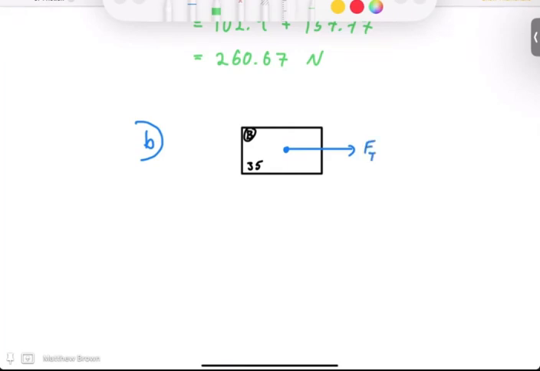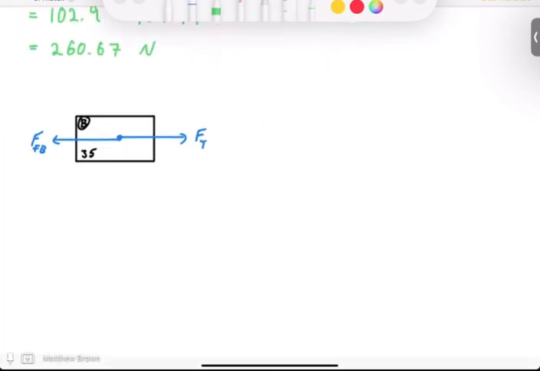That's the tension in the rope. And I've got a force pulling it back. That's the force of friction on block B, only the friction on block B. And then I can just do the same analysis like I did before.